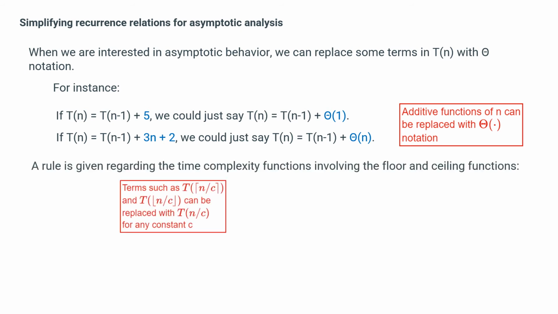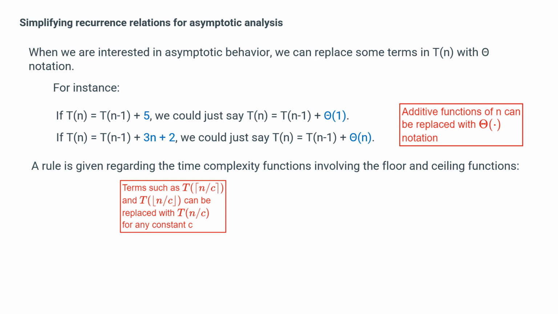Now, the book talks about situations where we've come up with recurrence relations that involve floor functions or ceiling functions. I'm thinking you might be familiar with the floor and the ceiling. Here in this box you see T, and inside the function we have n over c, but with square brackets where the bracket on the bottom is missing, it's just at the top.